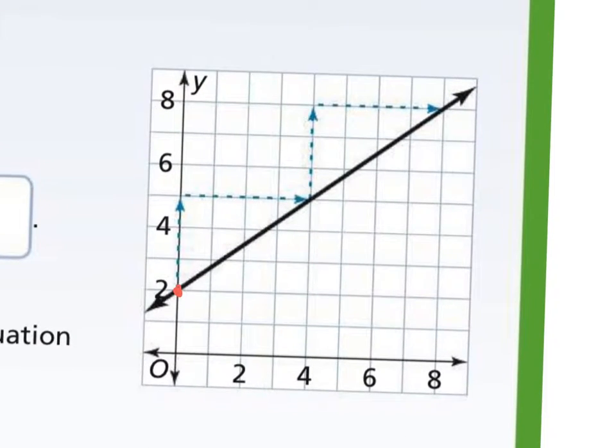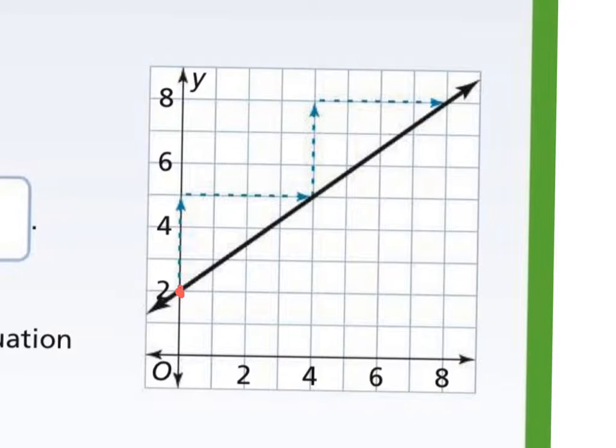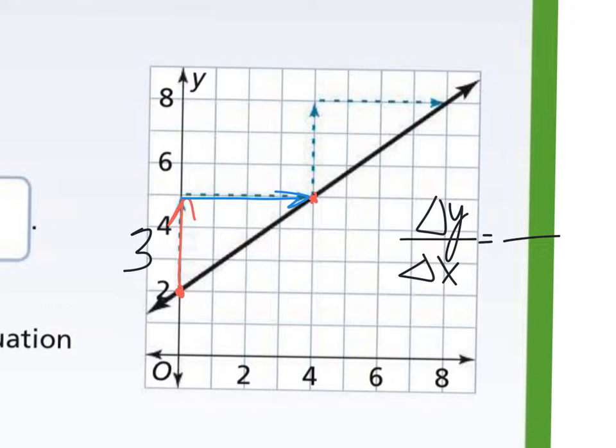The book does a good job here of actually going up and over for a change. So change in y, change in x. What they did is found another good point on the line, like right here at (4, 5). And then we just look at what's our change in y and what's our change in x. So change in y over change in x. We're going up from 2 to 5, so that would be a change of 3.